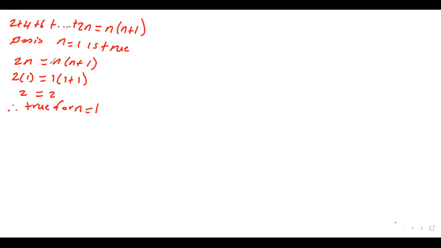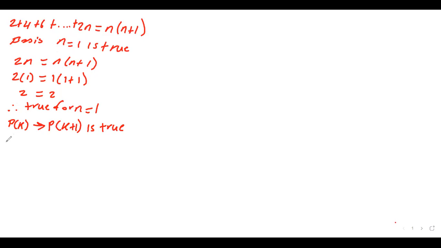Right? So now the next thing that we need to do is to show that if P of k is true, then P of k plus 1 is true. All right. So first of all, we're going to rewrite the question in terms of k.